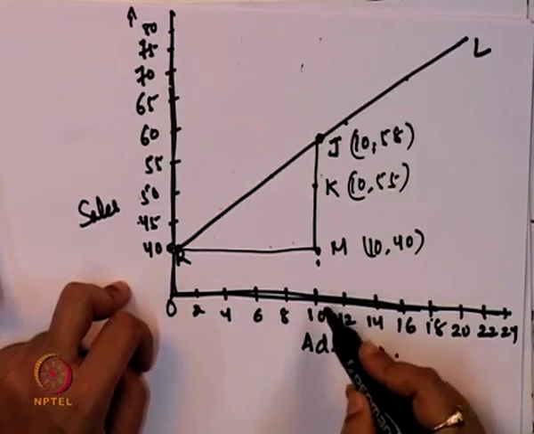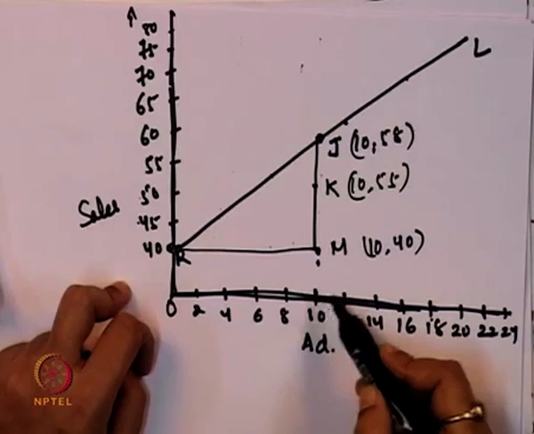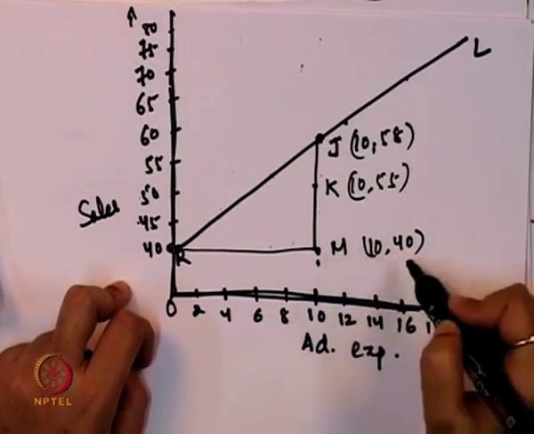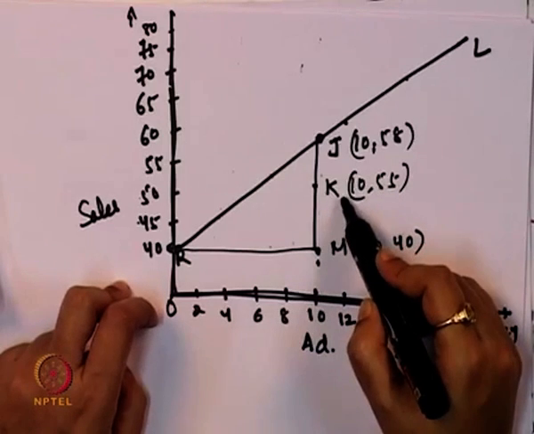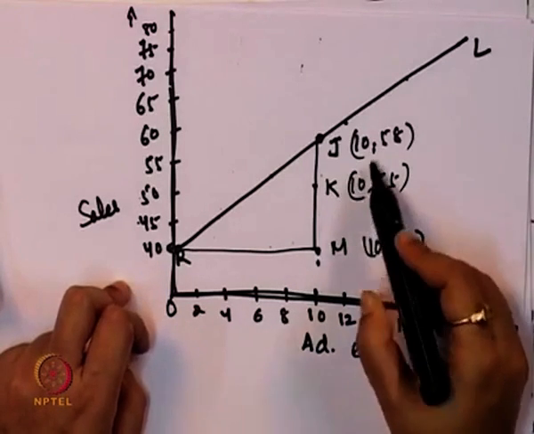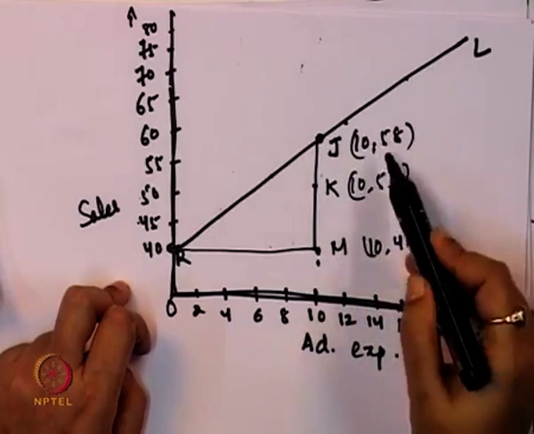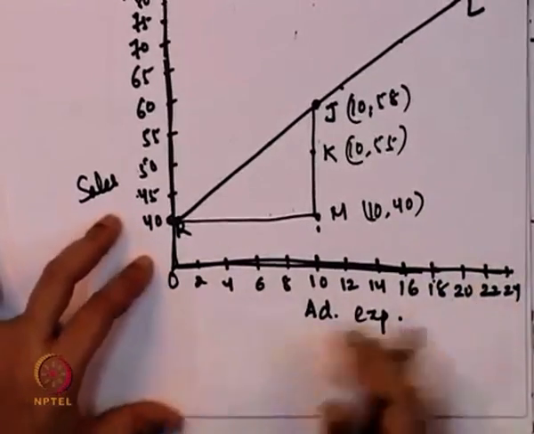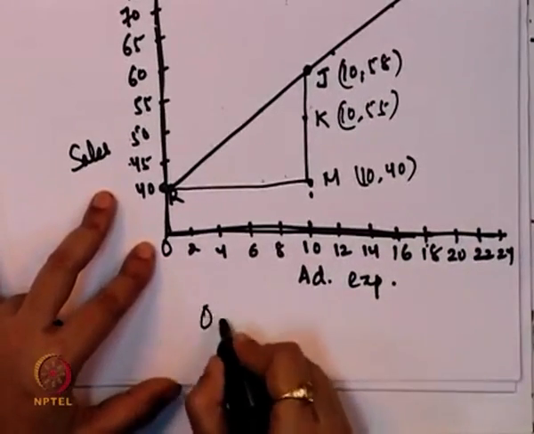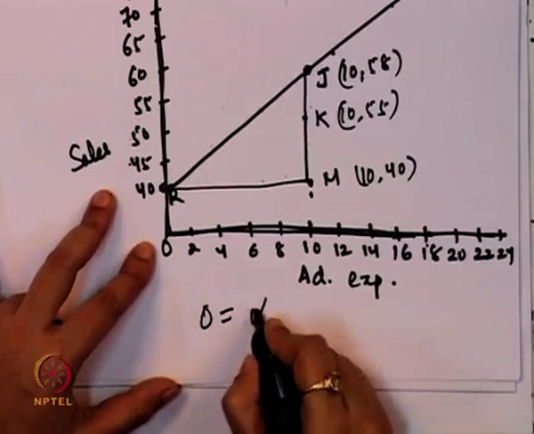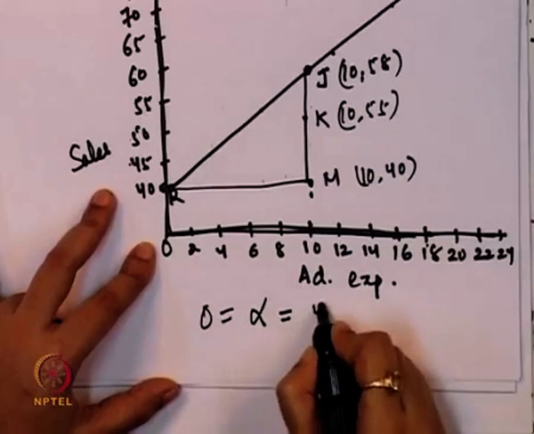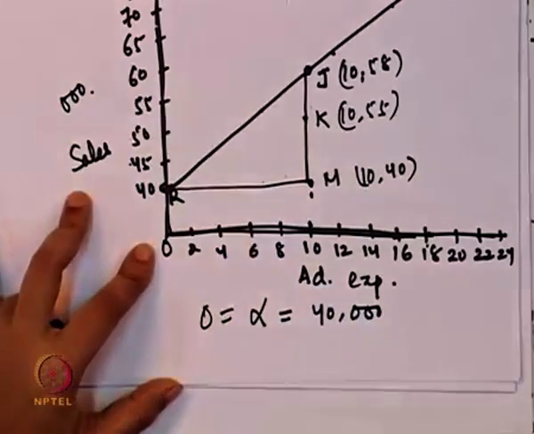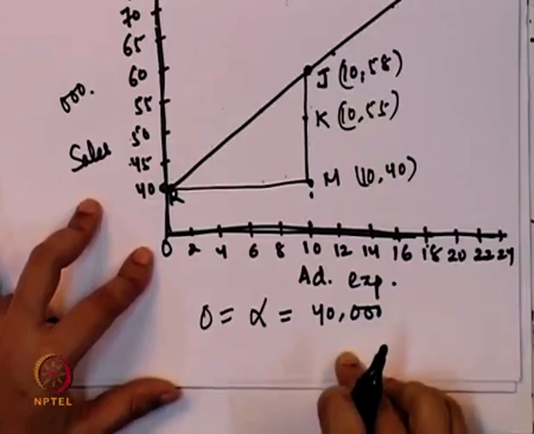When the advertising expenditure is 10, we have different combinations: at M, 10 is the advertisement expenditure and 40 is the sales; at K, 10 is the advertisement expenditure and 55 is the sales; and at point J, 10 is the advertisement expenditure and 58 is the sales. So when x is equal to 0, we get the value of the intercept, that is alpha, which is equal to 40,000 if you are taking this as the 0 unit. Okay. Now what is the next task?